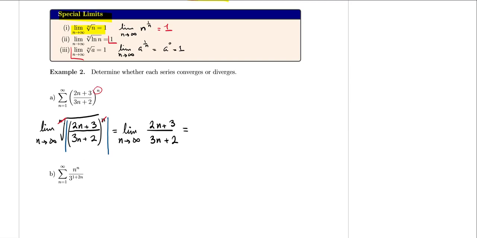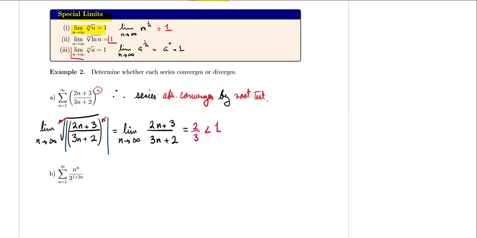If I take a look at the n behavior, I see that my limit here is equal to 2/3. Lucky for us, this value is less than 1, so therefore, we know that our series absolutely converges by the root test. Okay, perfect. That's a great introduction to the root test.